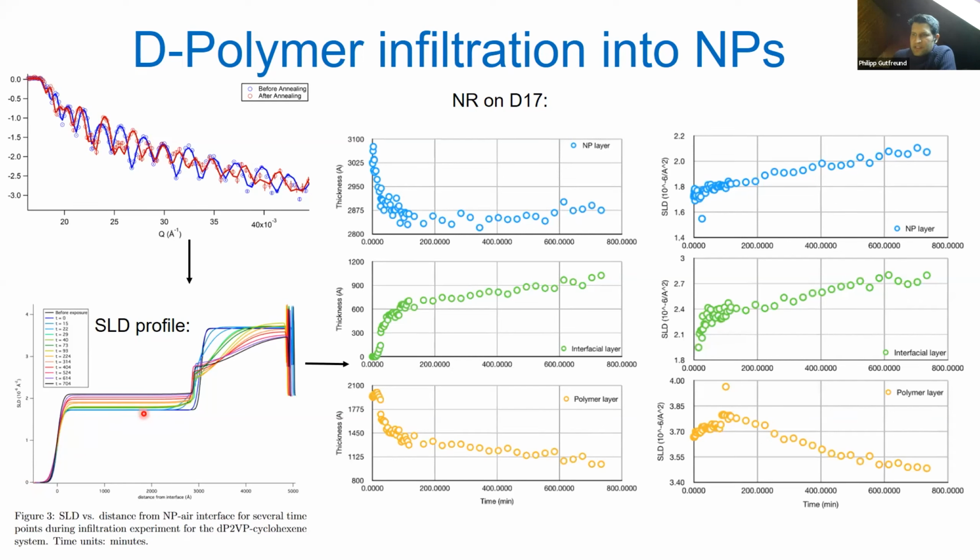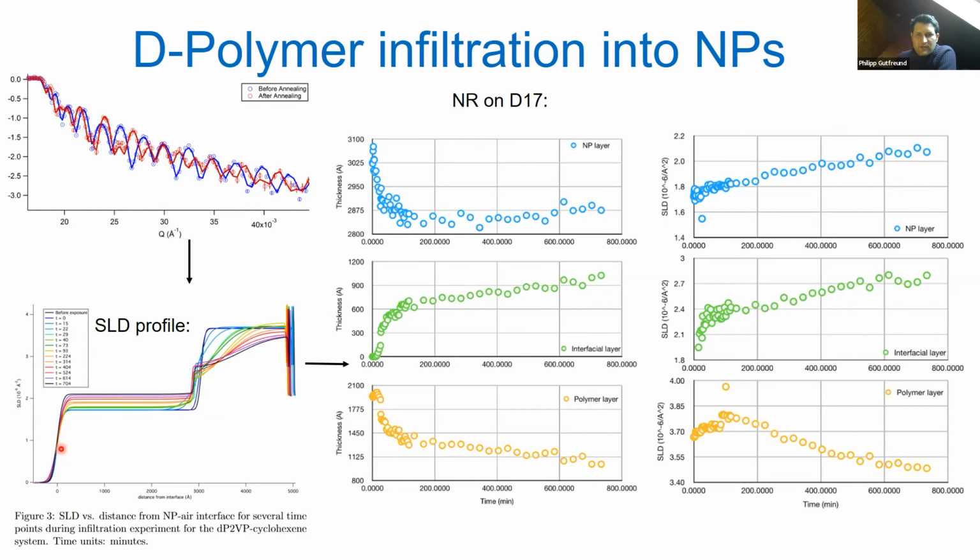Then we have the nanoparticle layer here, which is about 300 nanometers thick. And then comes the deuterated polymer layer, which has now a high scattering length density because of this deuteration. And all of this is deposited on a silicon single crystal, which has a scattering length density of around 2 × 10⁻⁶ inverse squared angstroms. So we have a good contrast between the polymer and the nanoparticles and also the substrate. And then we start annealing the system.